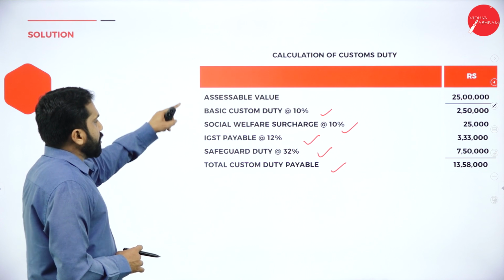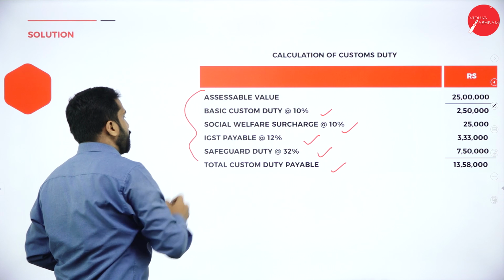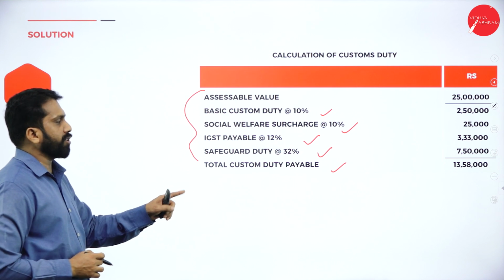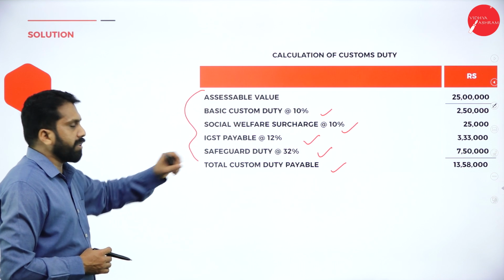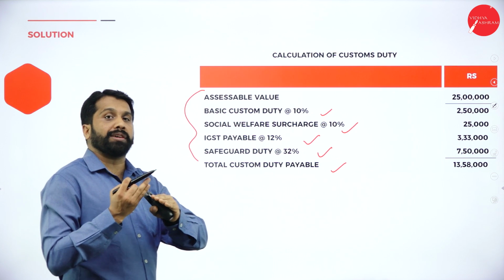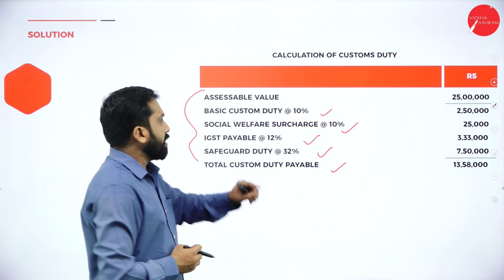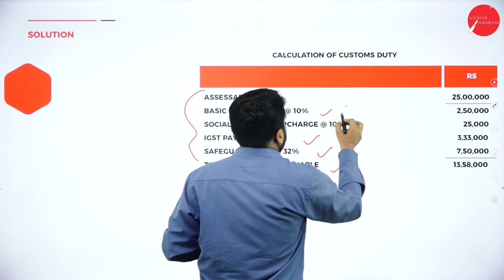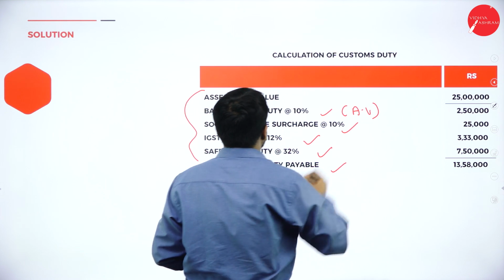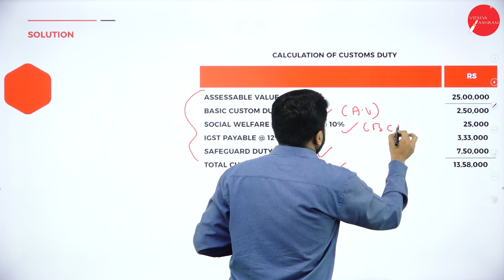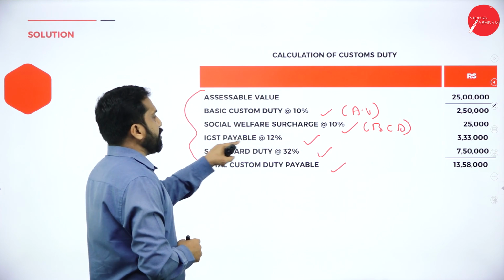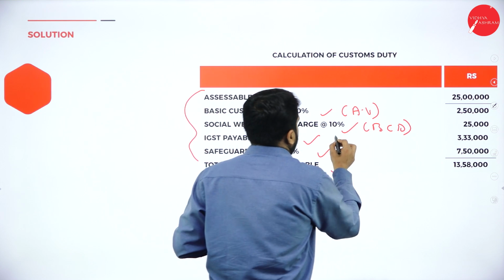So everything you have to consider. The final answer will be total custom duty payable. In the first session, I have given the chart also on how to calculate individual tax. Custom duty on what? Assessable value. Social welfare duty on what? Basic custom duty. IGST payable on what?